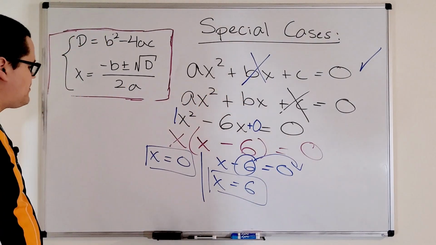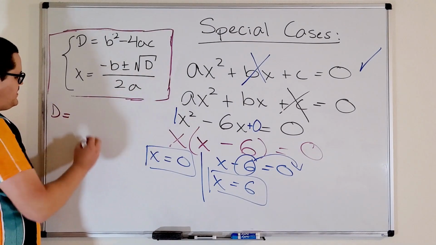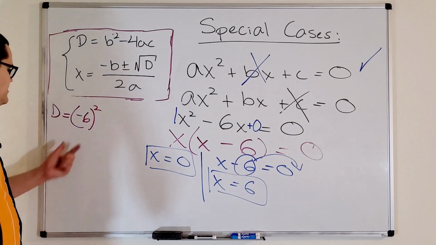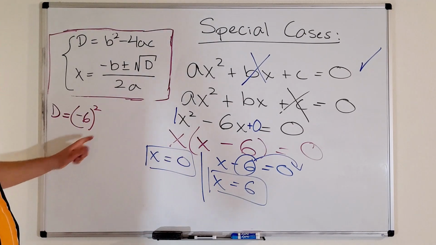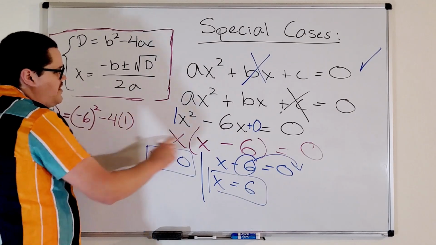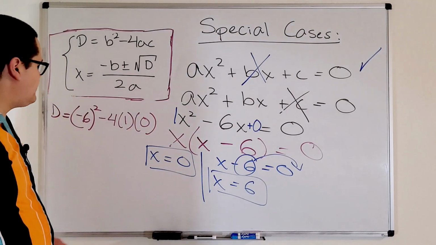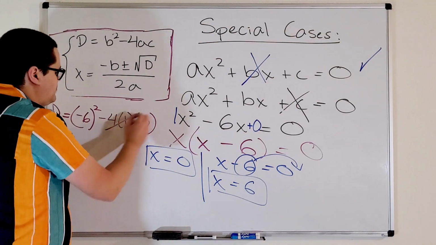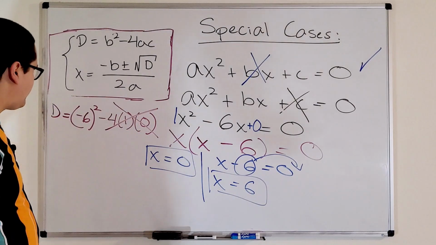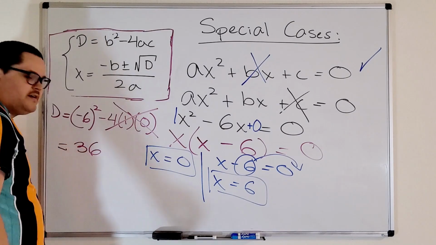So when we do our discriminant, we get b squared minus 4ac, so negative 6, quantity squared. It's important to put this in parentheses. Minus 4 times 1, and don't forget c was 0. So 0 times anything is 0, so this whole term dies. And negative 6 squared, so negative 6 times negative 6 is positive 36.